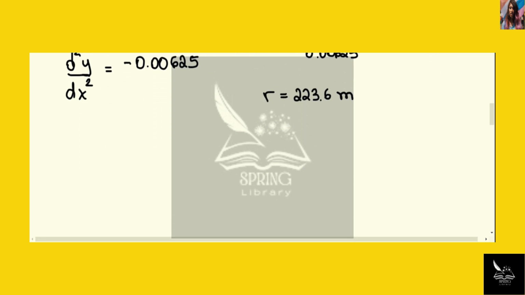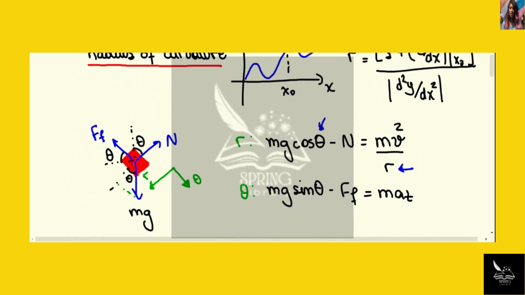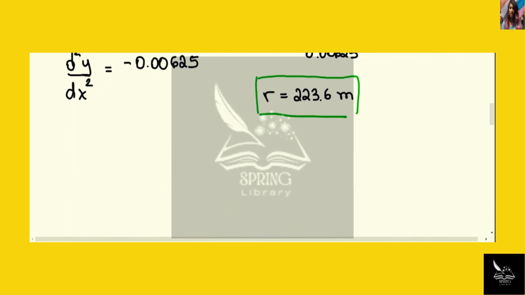Given this, we can go back to the equations for the two components and find both ff and n. Let's start with n. N is equal to m times g cosine theta minus v squared over r.